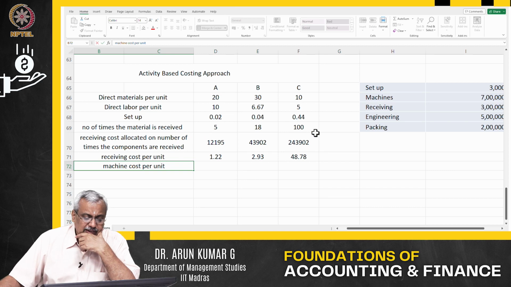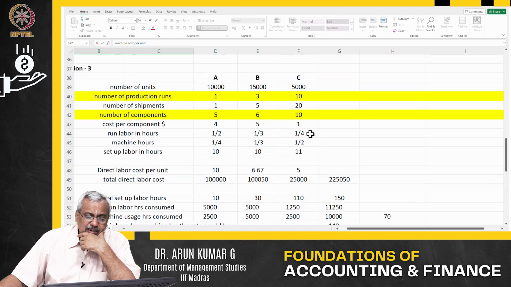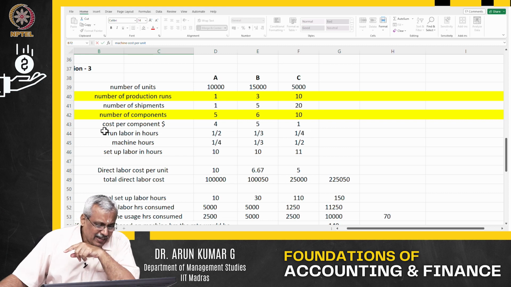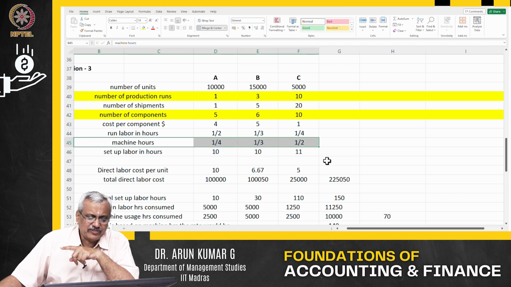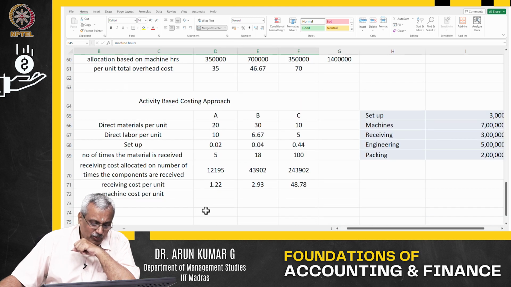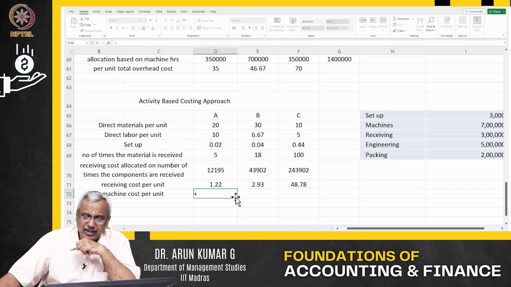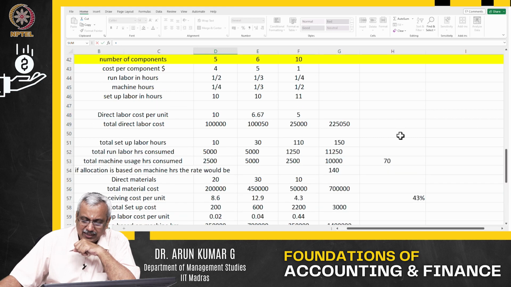Again, let me repeat: machine cost activity driver is the number of hours I use the machine for every product. I use it 1/4 hour for A, 1/3 hour for B and half an hour for C. My machine cost is $70 per hour.